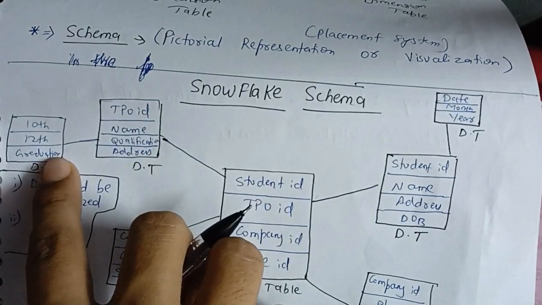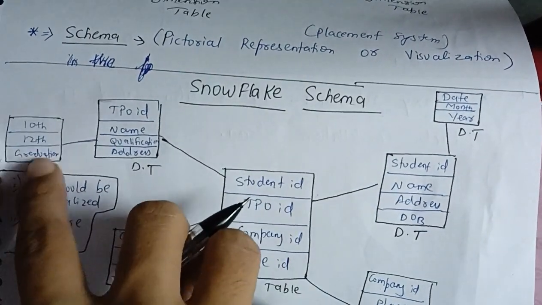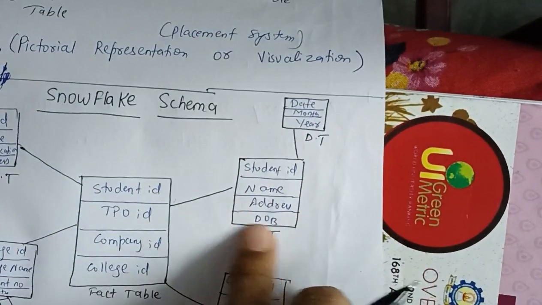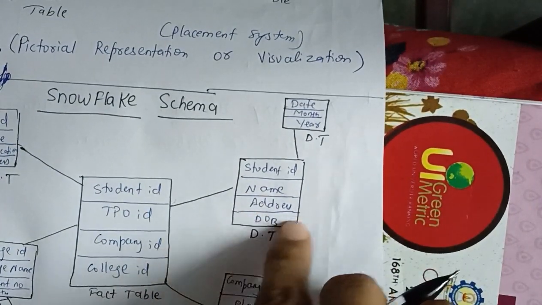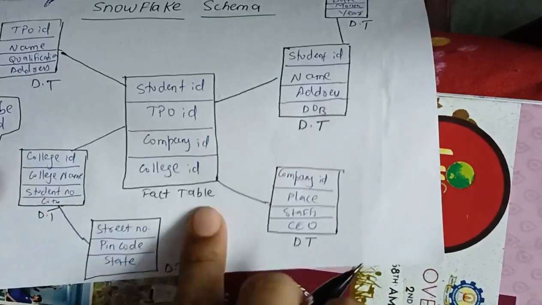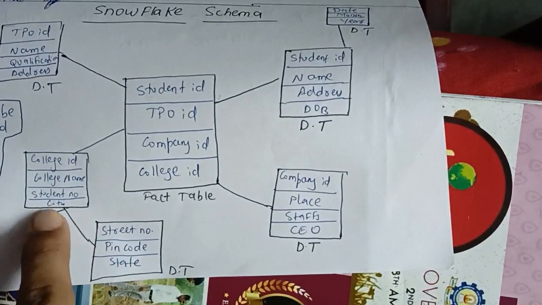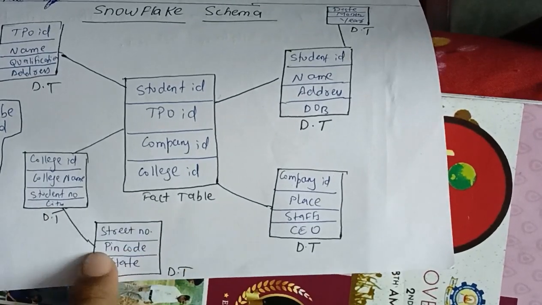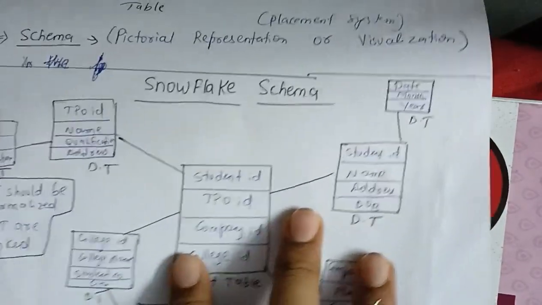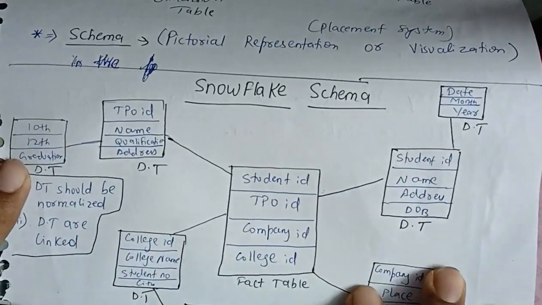We can subdivide it into 10th, 12th and graduation. For the DOB part we can classify further into date, month and year. For the city part we can divide it into street, number, pin code, state. So now the schema is normalized and we can call it a snowflake schema.